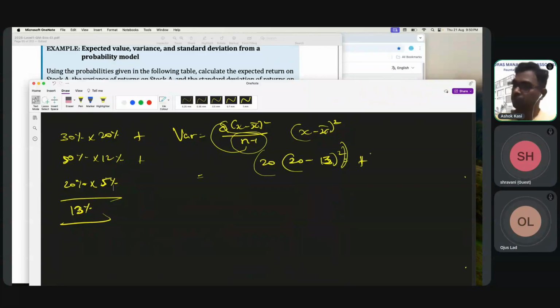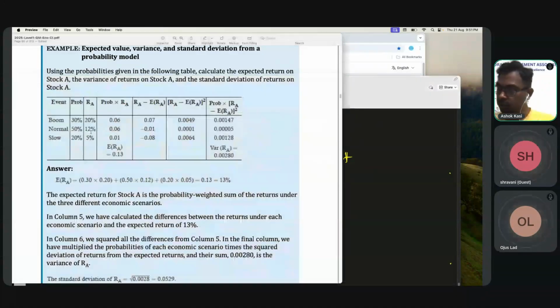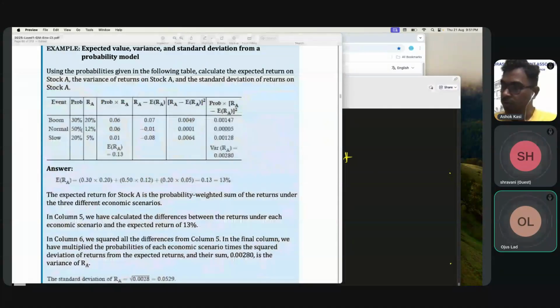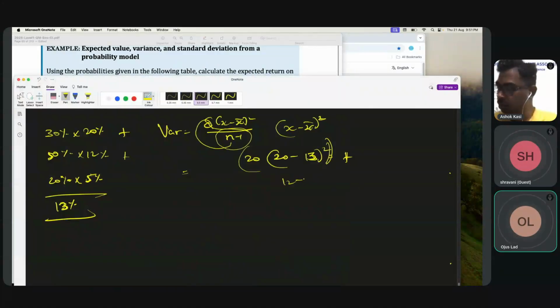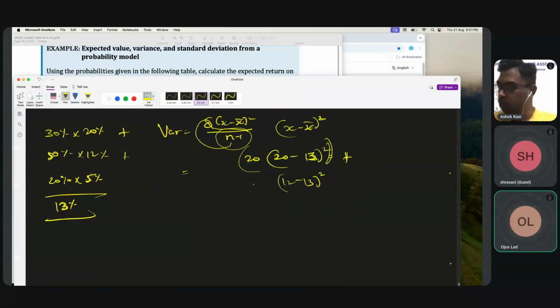Plus, because x minus x bar is all a summation. So it will be 12 minus 13, the whole square, into the probability of 50%. This is 20%, 50%.